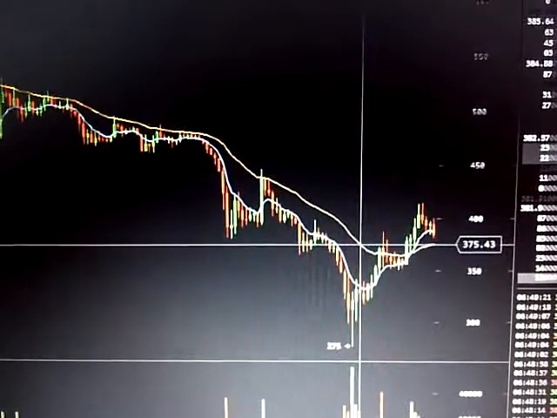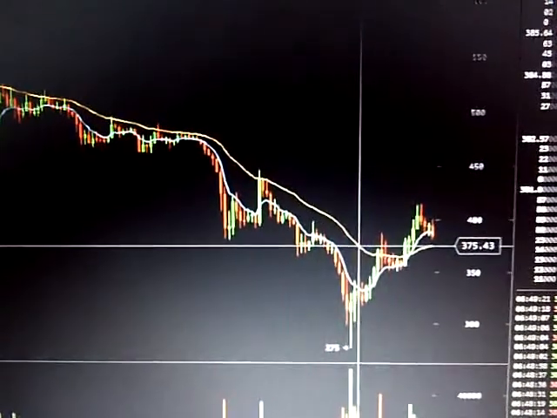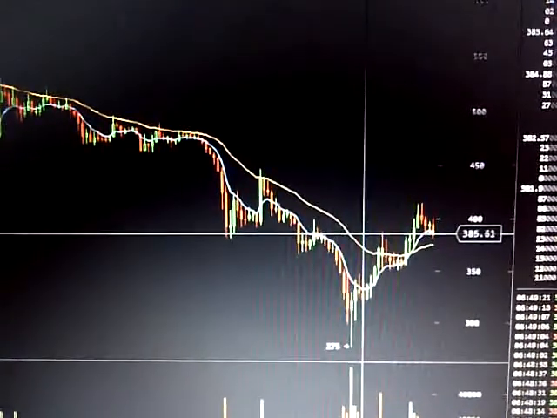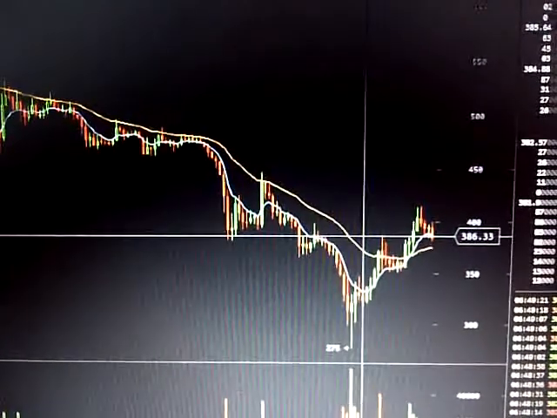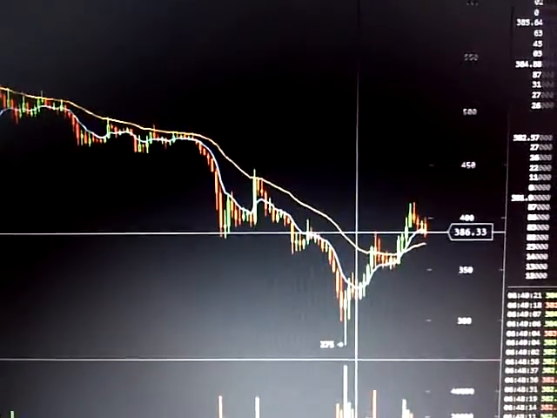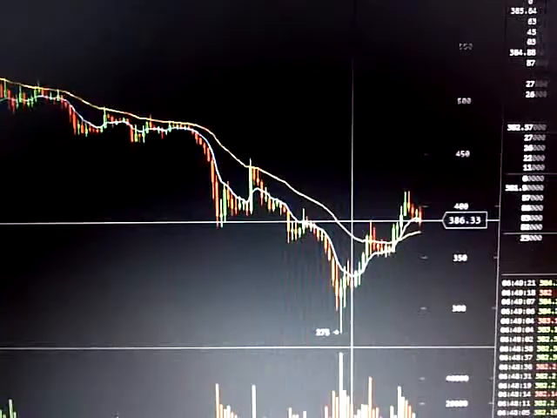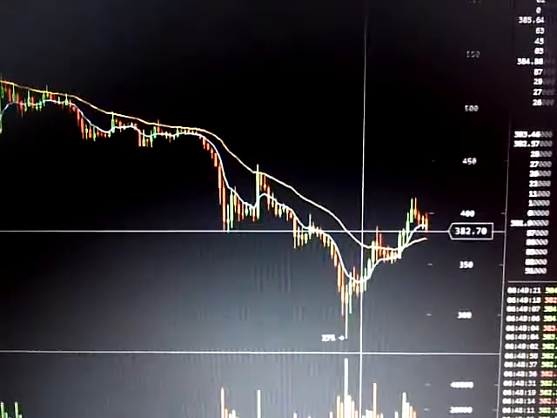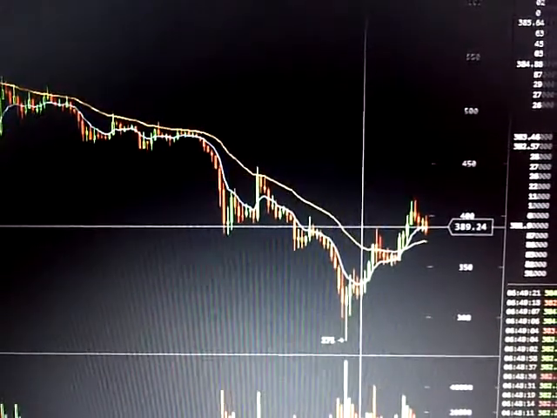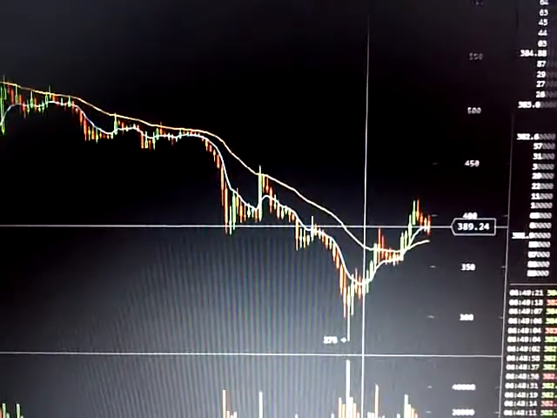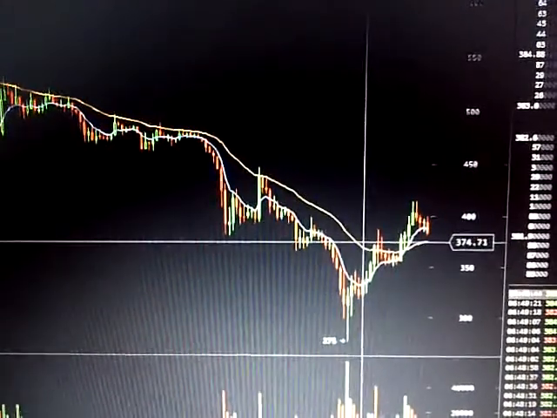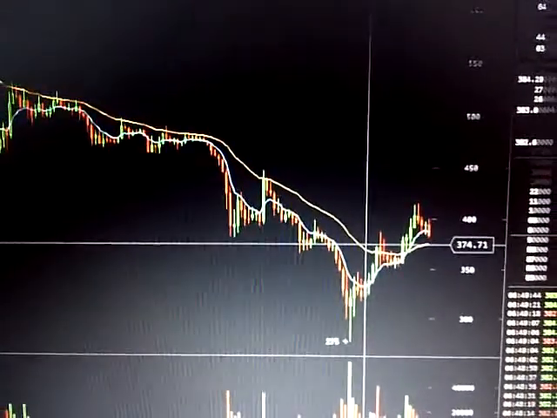It never really touches. Sometimes it does and sometimes it doesn't. 375. If you already bought in at 385, somewhere around there, you should just hold and see what happens. Or you could average your cost, buying anywhere from 385 to 375, somewhere around there.